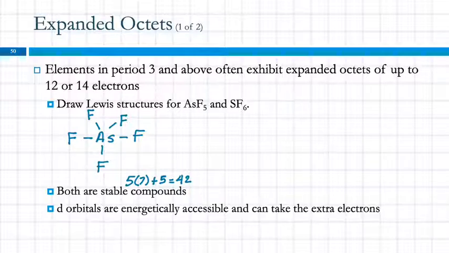2, 4, 6, 8, 10, 12, 14, 16, 18, 20, 22, 24, 26, 28, 30, 32, 34, 36, 38, 40. What happened? Counted wrong.